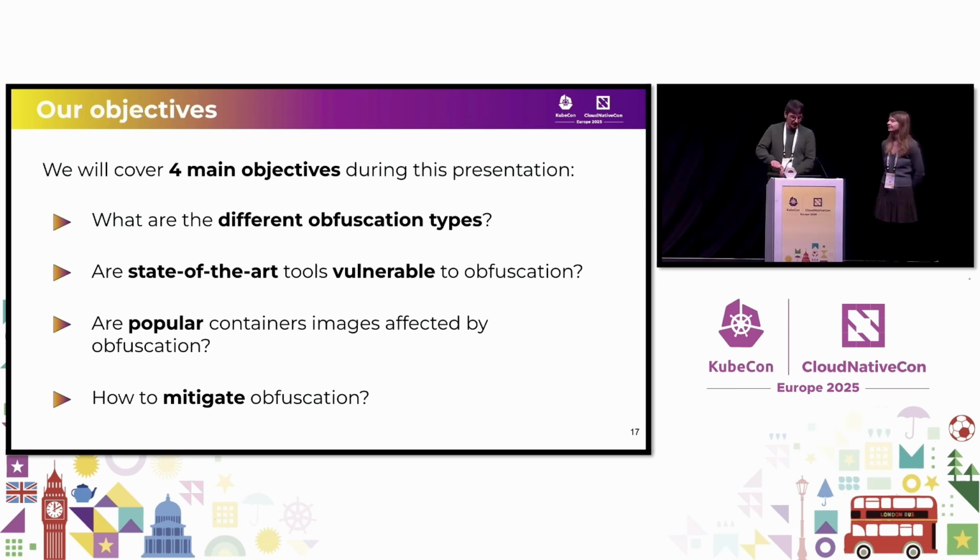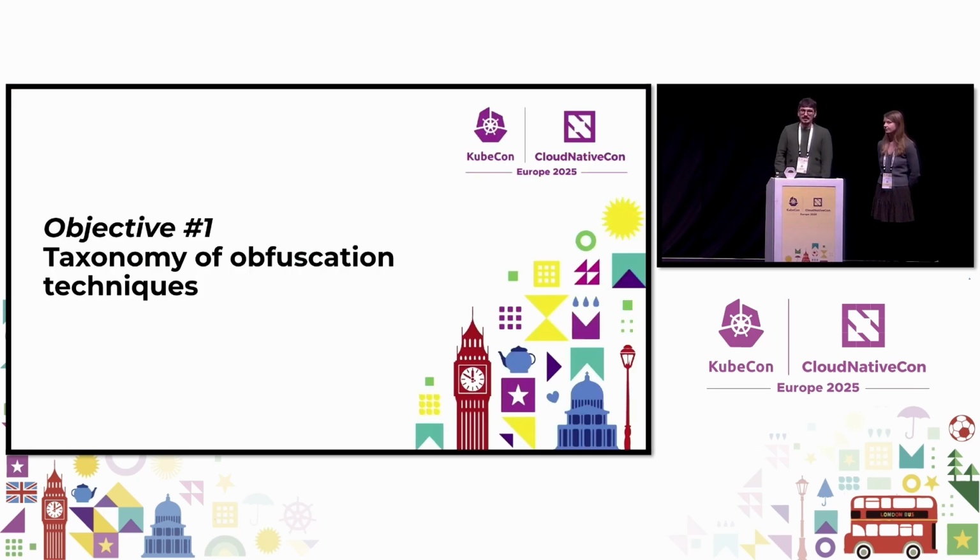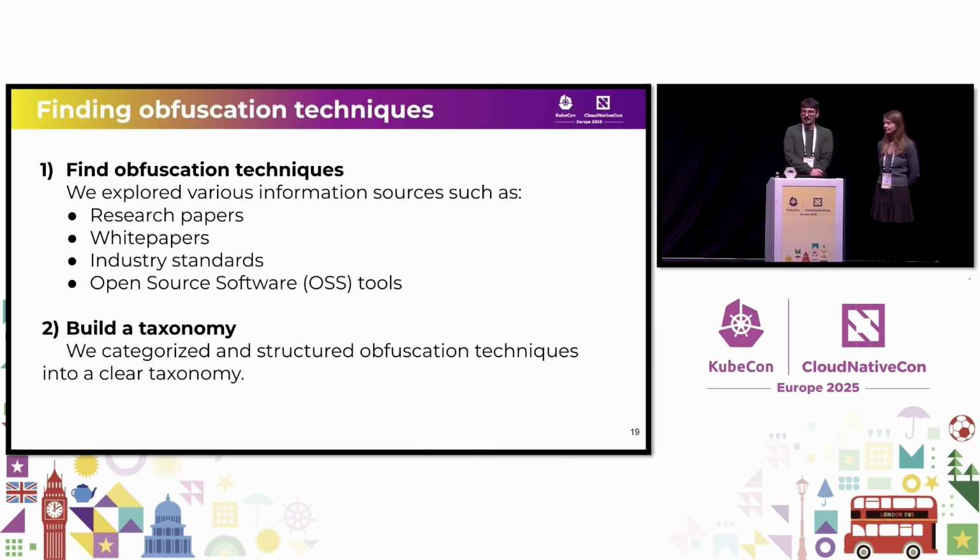Hello again. So let's start our journey towards container obfuscation. First objective is to derive a taxonomy of the different obfuscation techniques. For that, we explored different information sources, starting from research papers in academia, then white papers, industry standards, and we even went into open source software and looked at the source code and how they work.